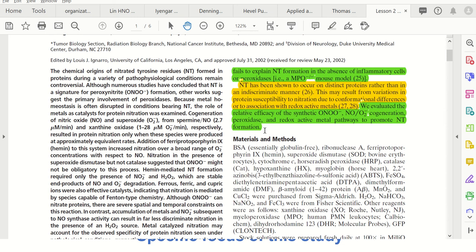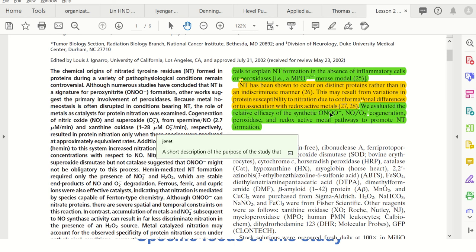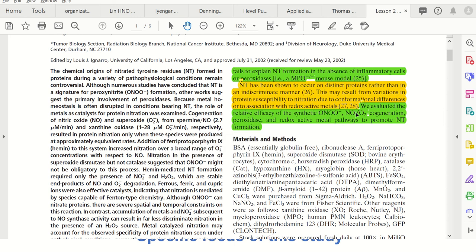So that is the goal, to evaluate how peroxynitrite, or a different way of making peroxynitrite with nitric oxide or superoxide, or peroxidase, or other redox active metal pathways, all work together to form NT. And so the overall purpose of this is to see how these different components interact in order to do this reaction.